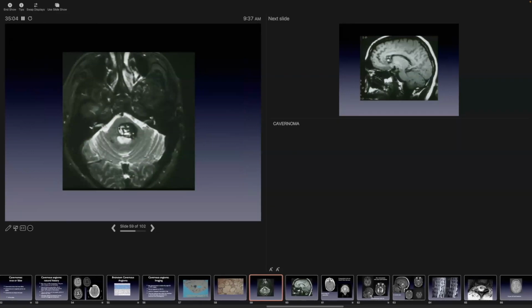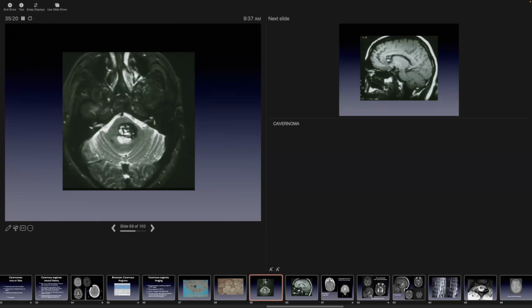Like, for example, in this case, you see this large cavernoma with mass effect, complete hemosiderin ring, mixed signal centrally. Sometimes the terminology used is a popcorn appearance. Now, this does come to the ventricular margin.